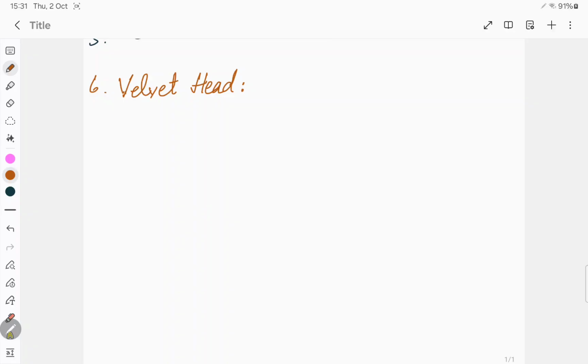Okay, dear students, the next word here on our hand is the velvet head, and you must have heard the word velvet, which is similar to something which is very soft. So here it is going to be a soft or smooth head.